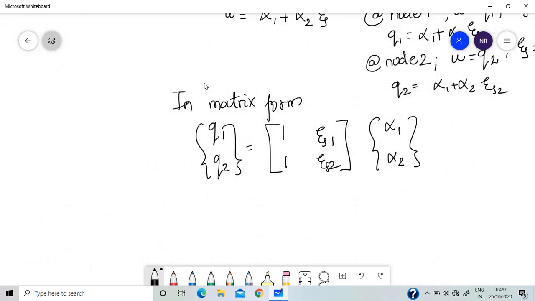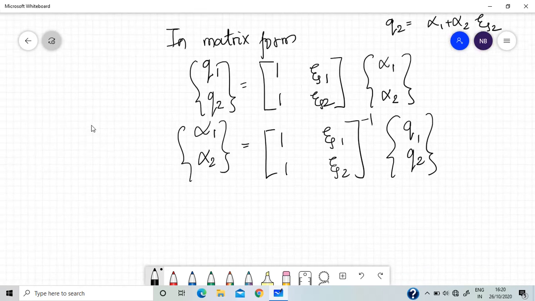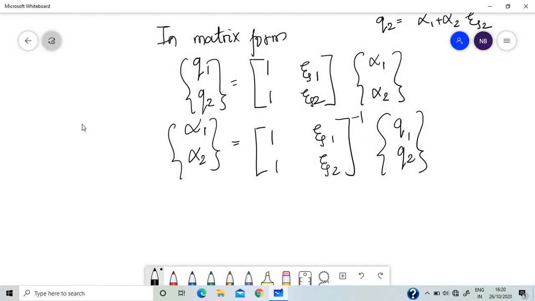I need to find out what alpha 1 and alpha 2 are, for which I will have to find the inverse of this 2 by 2 matrix. We've discussed the inverse of the matrix while doing generalized coordinates. I will not explain that again. So it is the determinant of the matrix into the transpose of the cofactor.